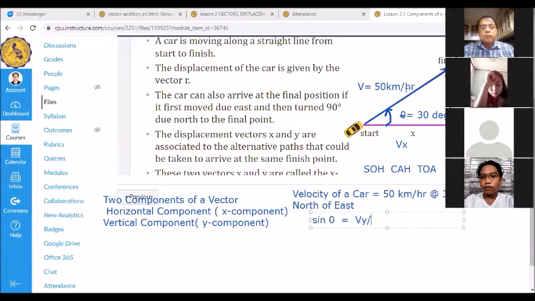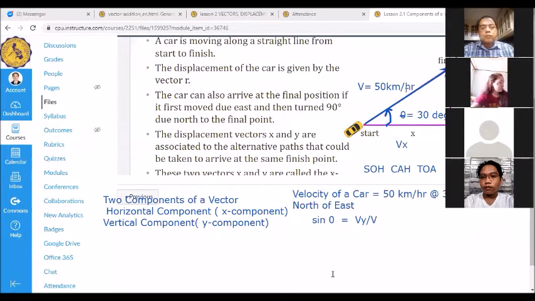Our hypotenuse is V. So if this is our triangle, the opposite side to the angle is Vy, the adjacent side is Vx, and this is the hypotenuse called V.